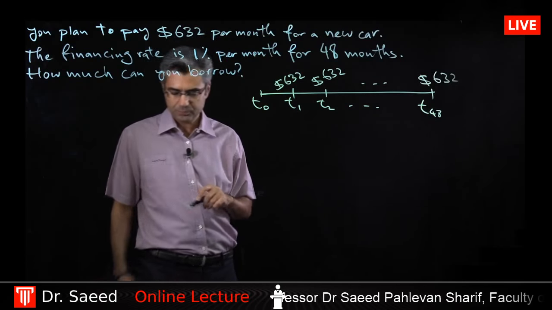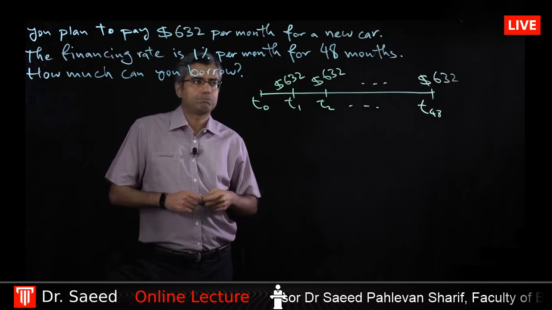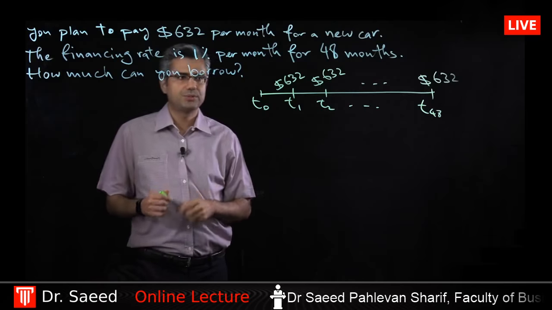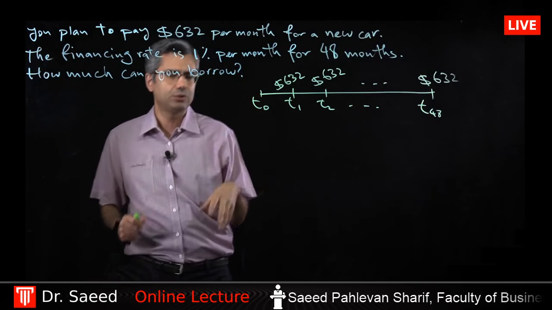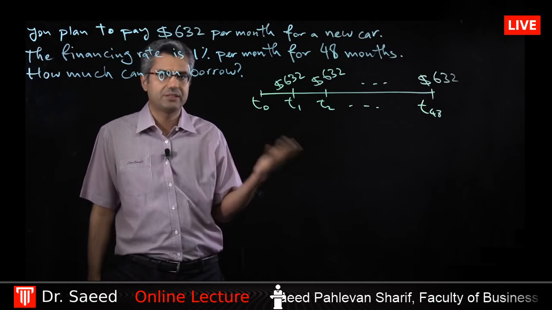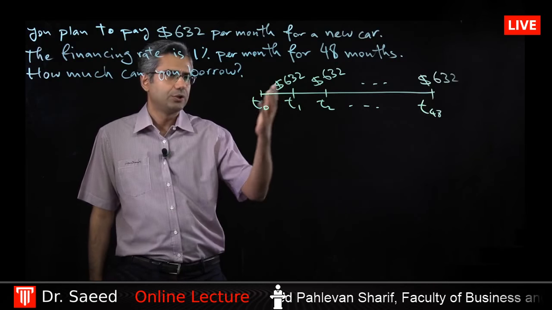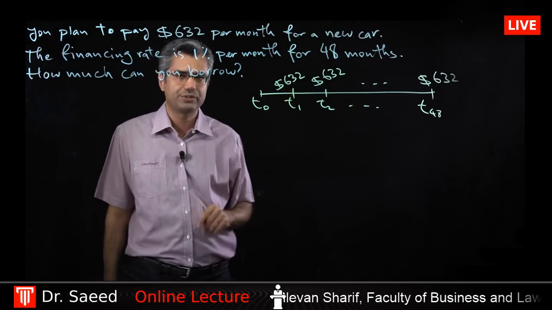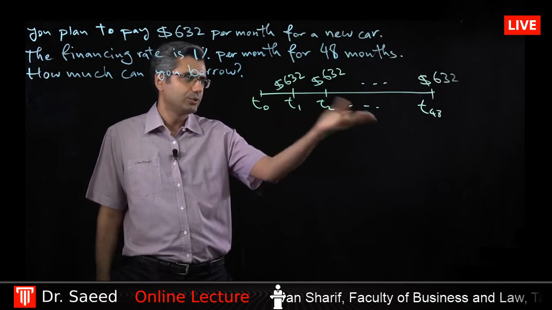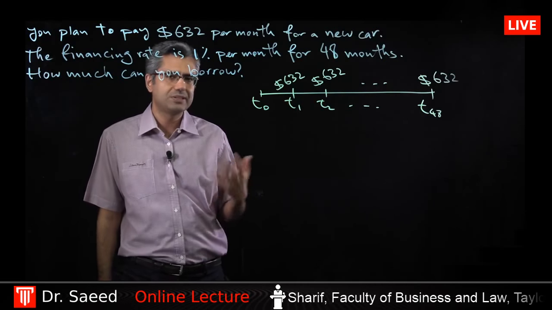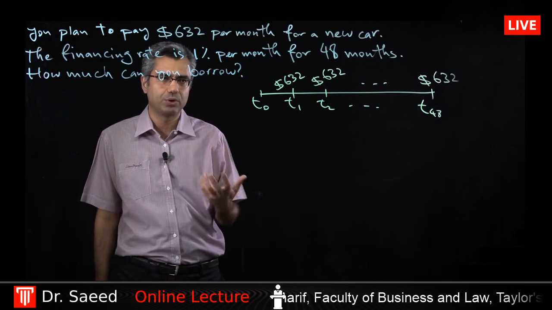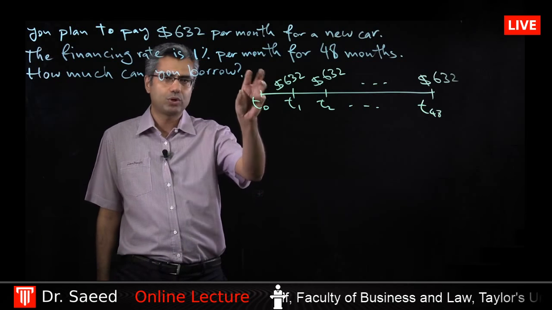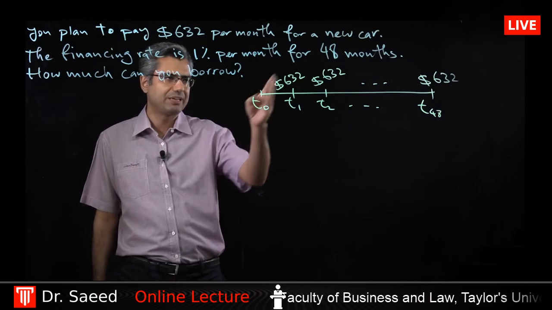So now, how can we compute the present value? Why present value? This is a story that we have seen a lot in our life. You want to buy a car and the bank requires you to pay $632 per month for the next 4 years. So this means how much you can borrow. It means we want to compute the present value of these cash flows.